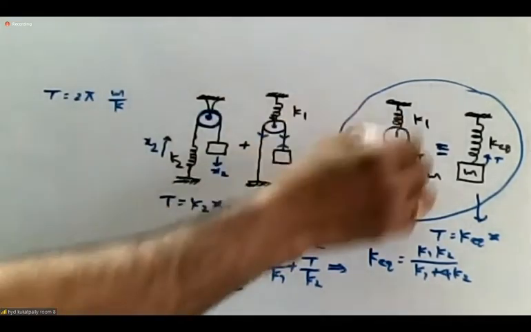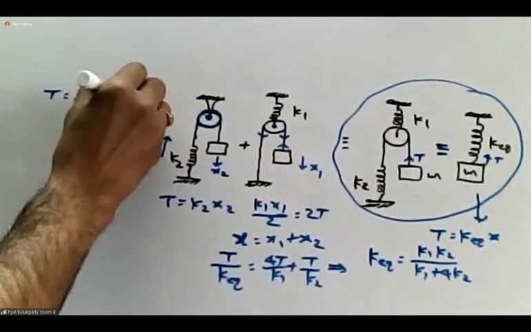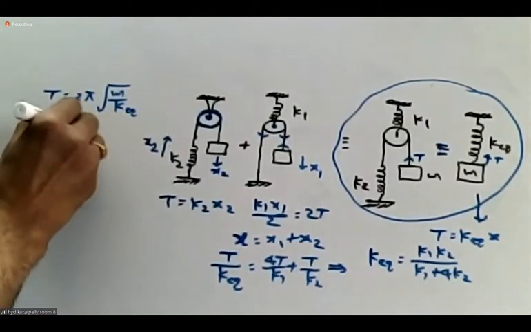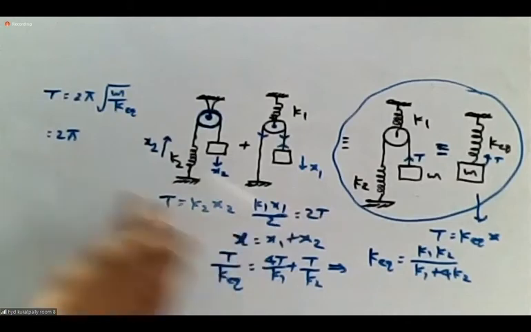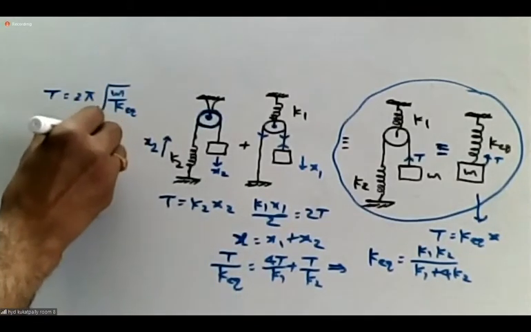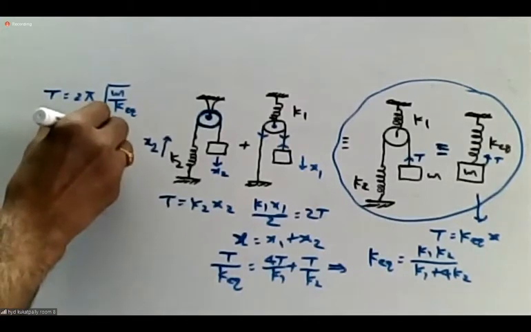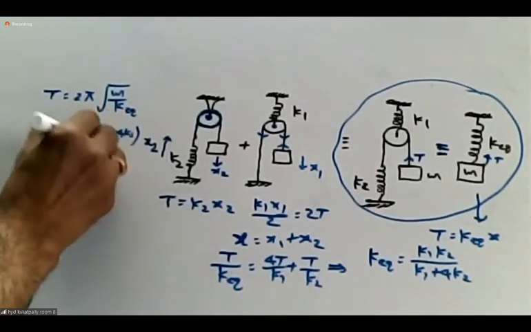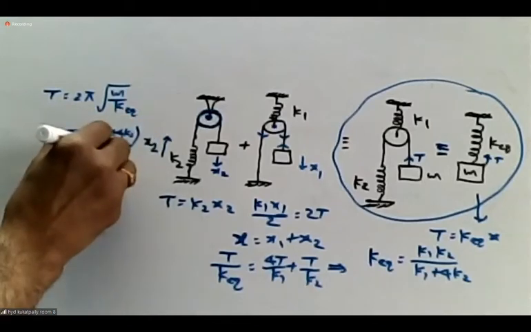Here the system is replaced with an equivalent spring. So K equivalent: T equals 2 pi root of m into (K1 plus 4K2) by K1 K2.